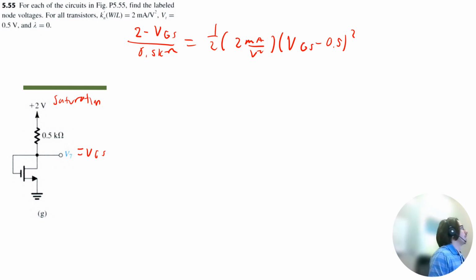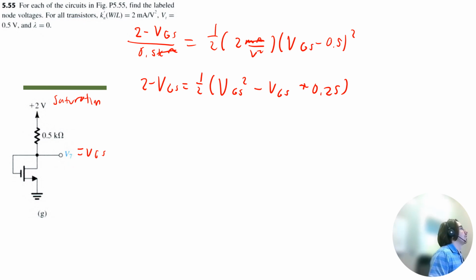Okay, so I'm going to multiply this 0.5 kilo ohms to the right side, which will cancel out the milliamp and kilo ohm units. So 2 times 0.5 is 1, so we are left with this 1/2. So we have 2 minus VGS equals 1/2, and I'm going to expand this exponent. So we're going to get VGS squared minus VGS plus 0.25.